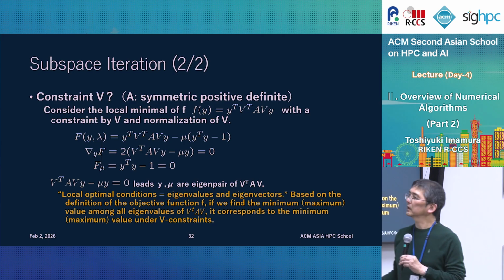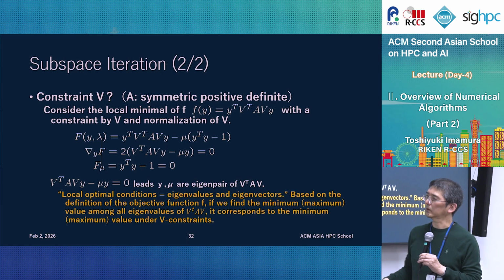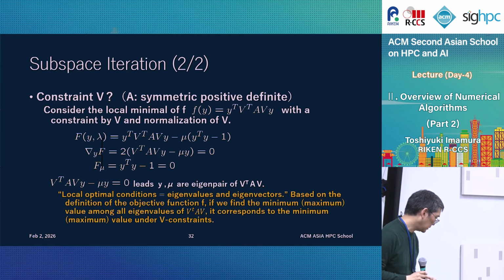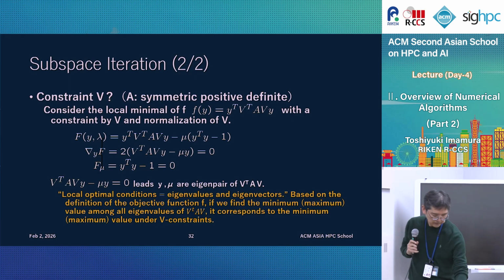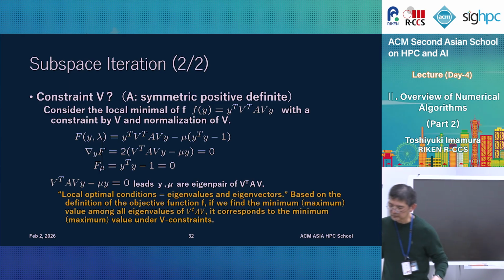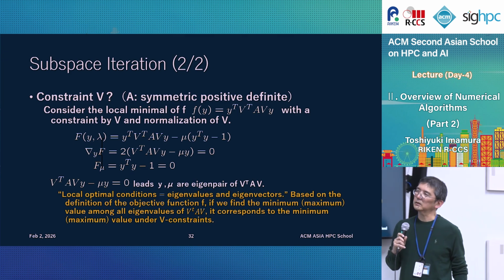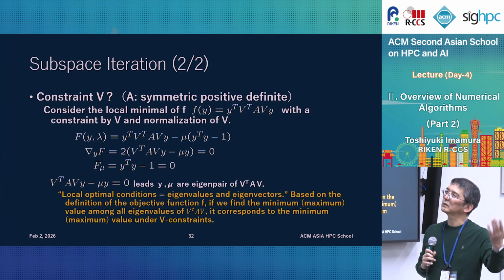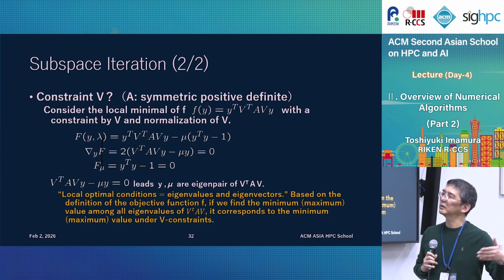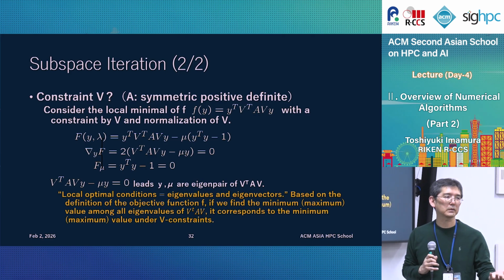If we choose any possible subspace search, it just returns the local minimum. So if we iterate this process, we always get the same results.